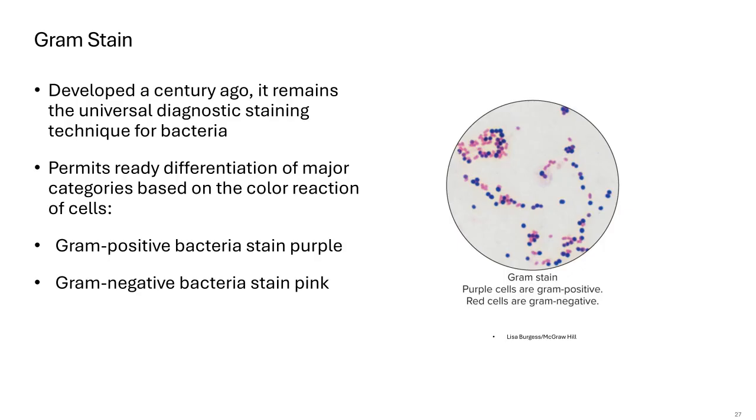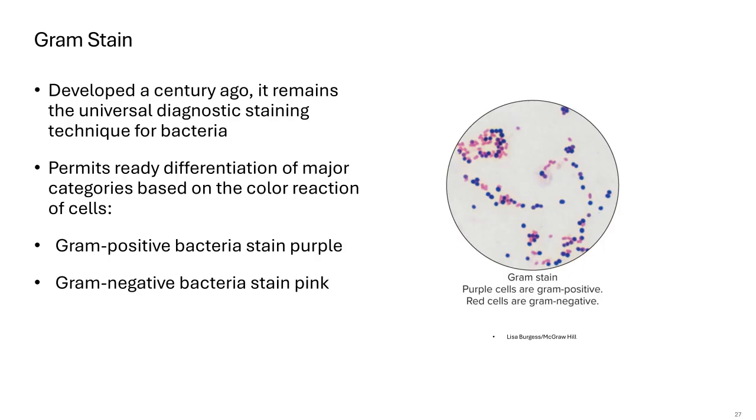Gram positive bacteria, crystal violet stain embeds itself in the cell wall of gram positive bacteria, making them look purple. That crystal violet does not embed itself in gram-negative bacteria, because they have a single layer of peptidoglycan, so there's not much there to catch the crystal violet.